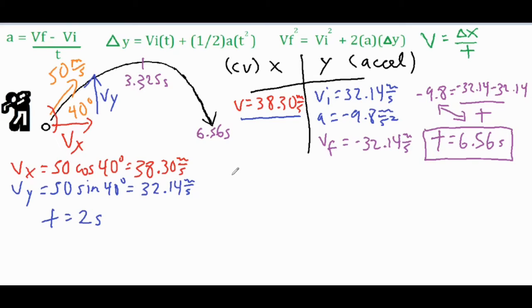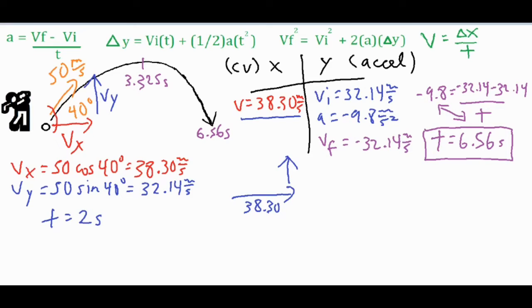For example, we have a horizontal component of 38.30, and we want to find this vertical component over here. Now, if I'm finding it at 2 seconds, I know it's still on the rise because the peak is at 3.325 seconds.